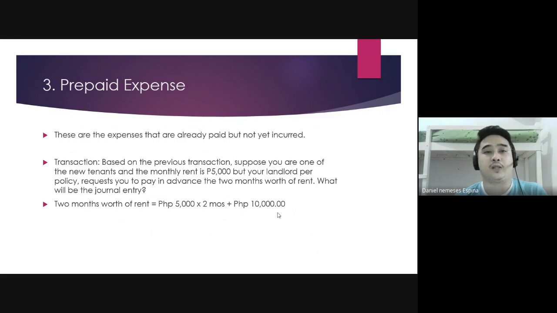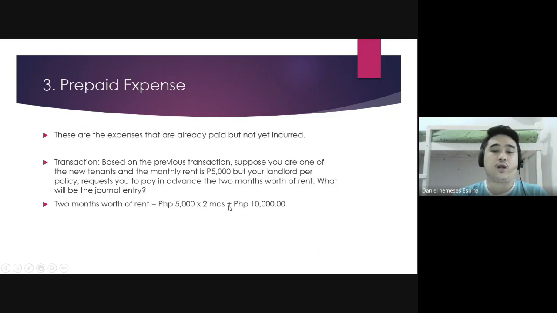So prepaid expense. These are already paid in advance, but you are yet to experience or to stay there for 2 months. So the 2 months of rent is equivalent to 5,000 times 2 months. That's not plus, that's equal sign.